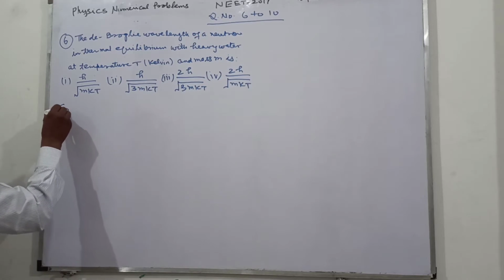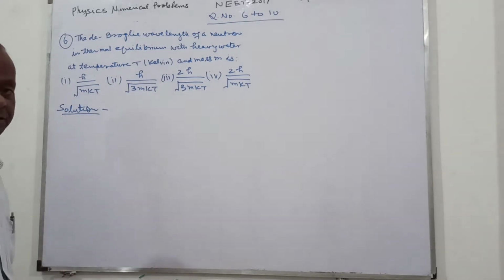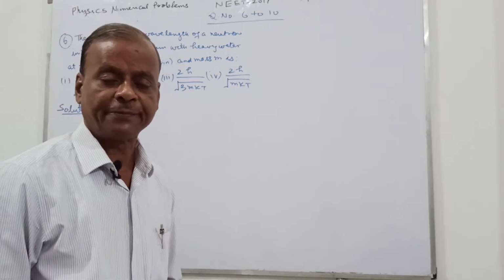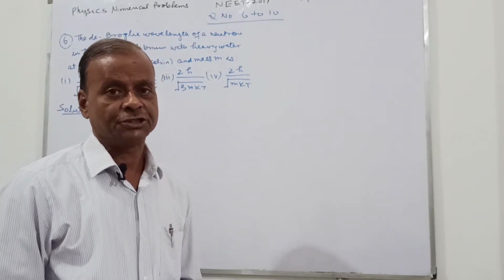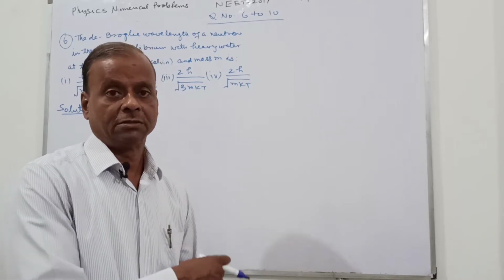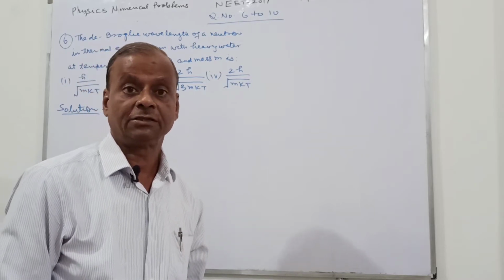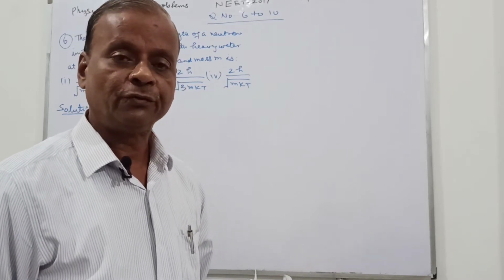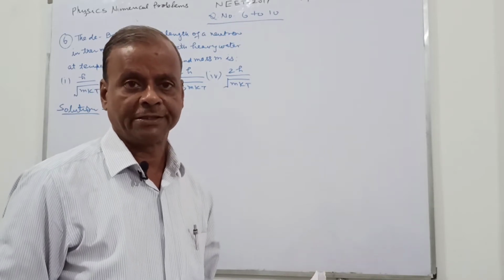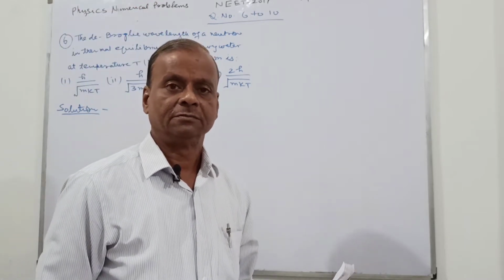Now the solution to this question. This is a direct application of the de Broglie wavelength, taught in the theory part in class, for neutral particles like neutron, atom, molecule, etc. These particles cannot be accelerated by applying an electric field, so they are accelerated by thermal energy.